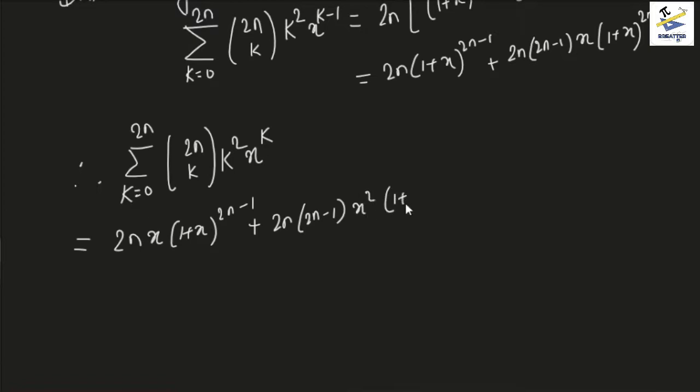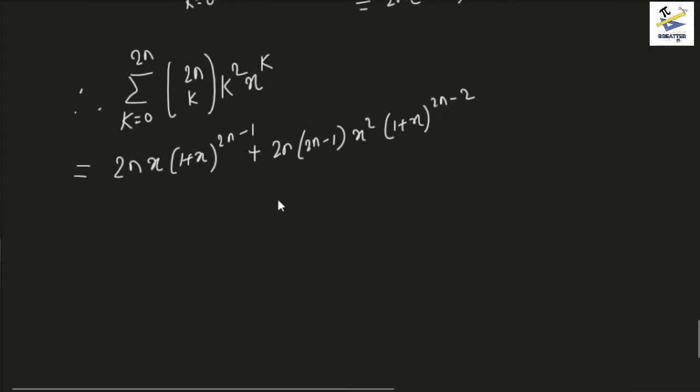Right. Now we need 2k plus 1 in the denominator, right?